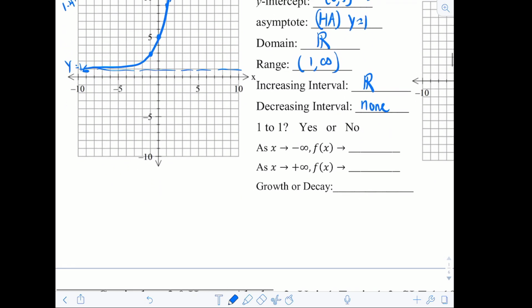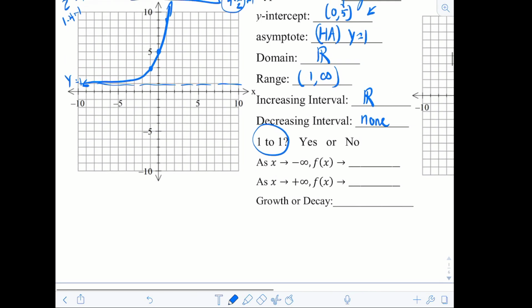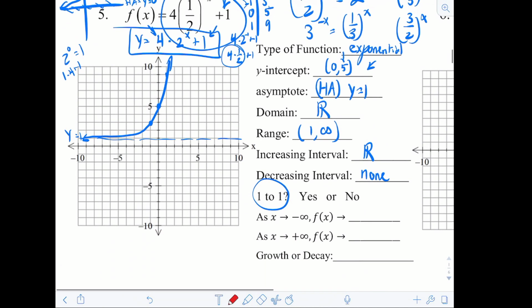Now there are two ways of figuring out whether it is 1 to 1. That means that we would find the inverse to this and see if that inverse is a function. But there's also this method called the vertical line test and the horizontal line test. If it passes the vertical line test, that means if I put in vertical lines and it only hits the graph once, then that is a function.